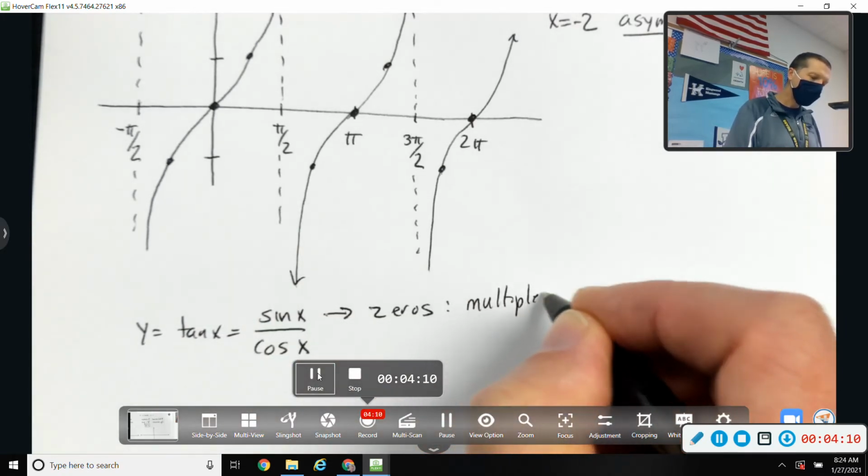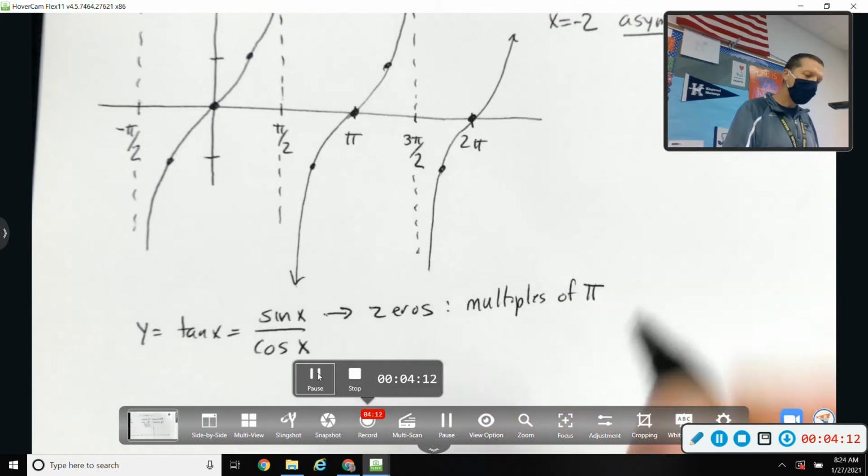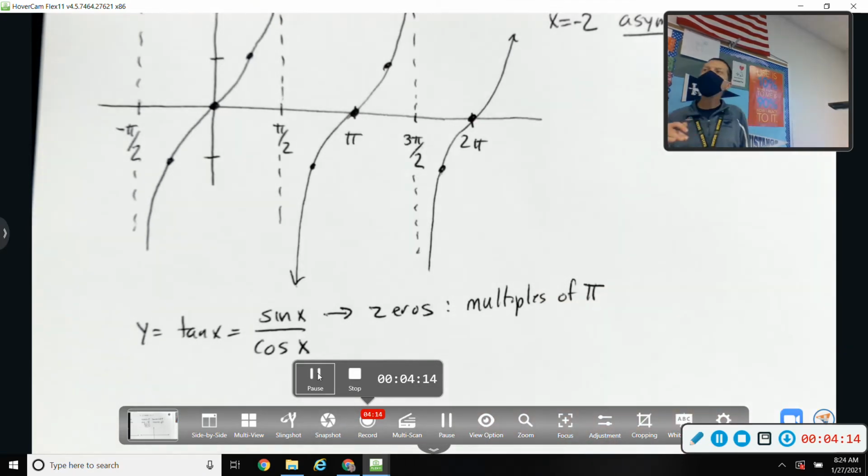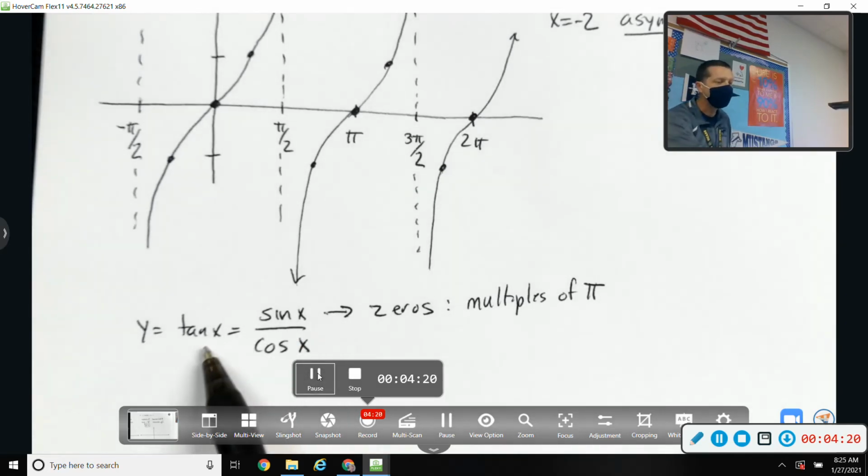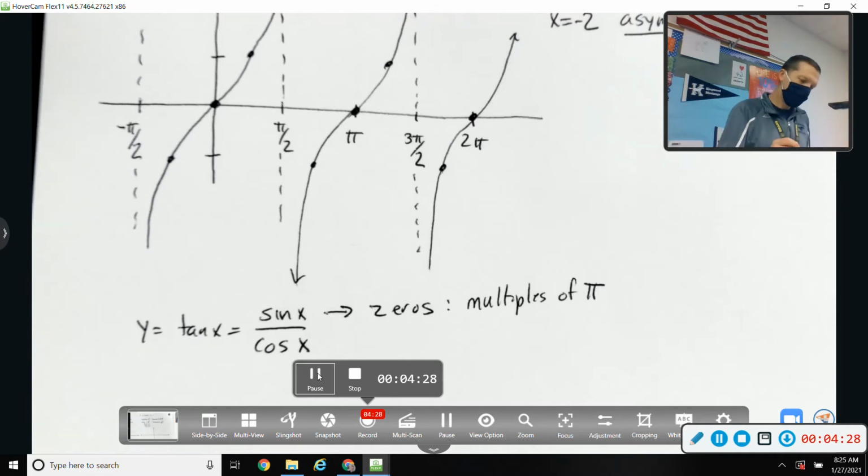All the pi's, multiples of pi. Because that's the zeros of sine. So you don't memorize a second set of information. You just realize that wherever sine is 0, tangent is 0. And sine is 0 at the multiples of pi. And that means tangent is 0 at the multiples of pi.